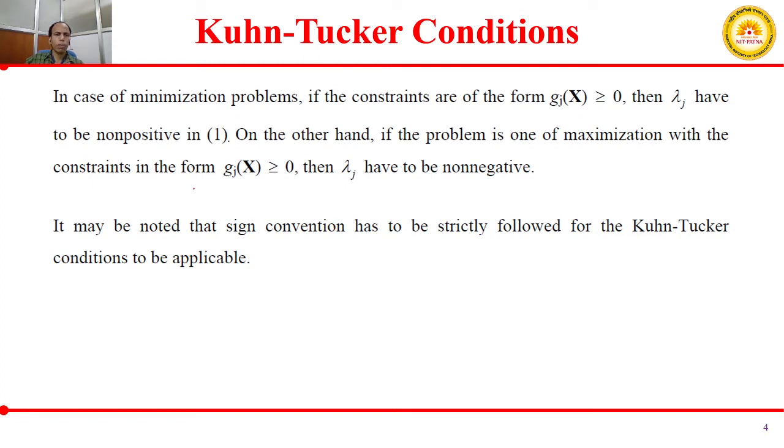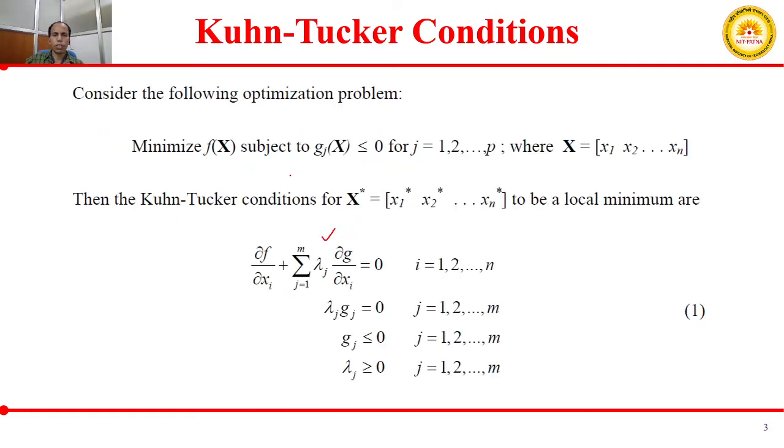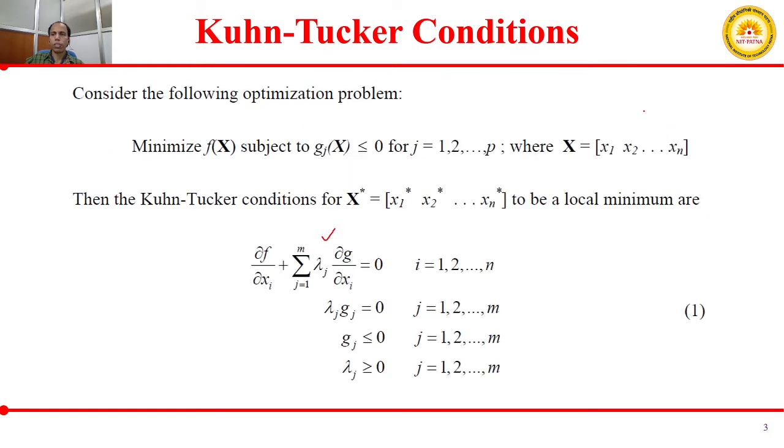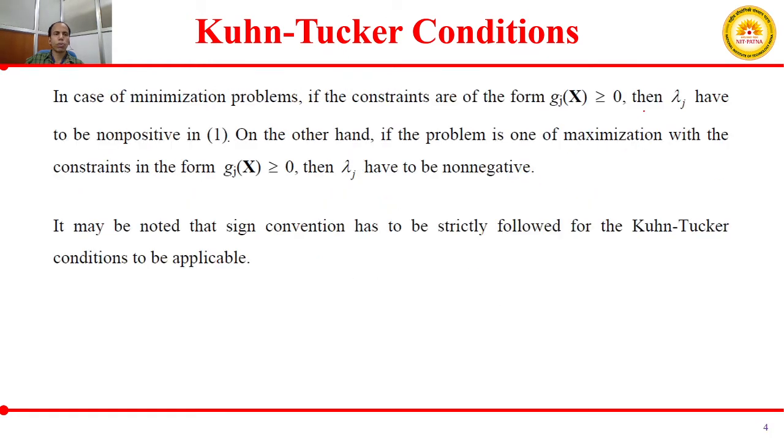Maybe let me read it. Maybe there might be some error also. Okay, let me see. So you are saying gj is less than equal to 0. Okay, so then lambda j is non-positive.